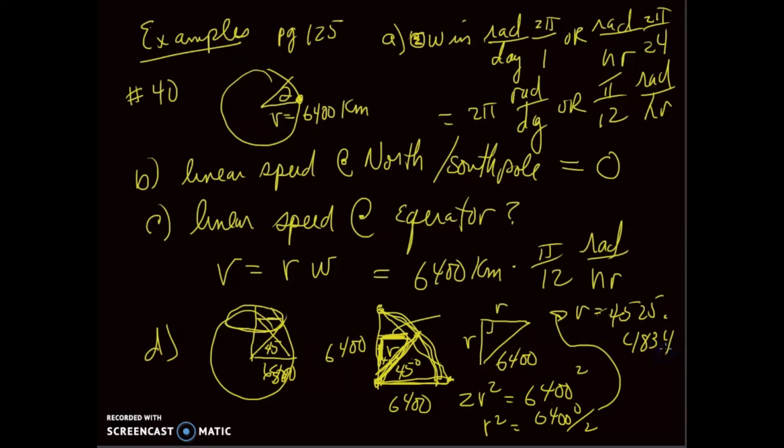And now we want the linear velocity, so v equals distance s over time t. Well, it's still going to be an entire day, so that times 24 hours.